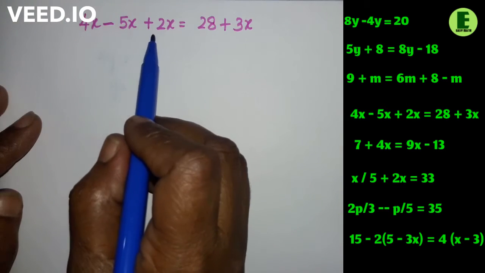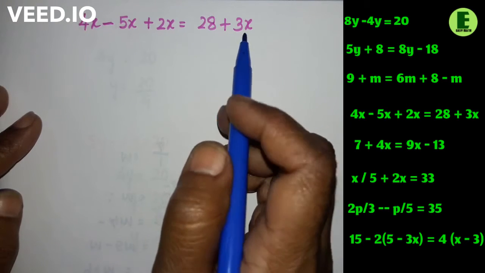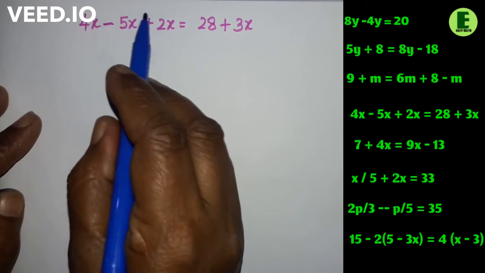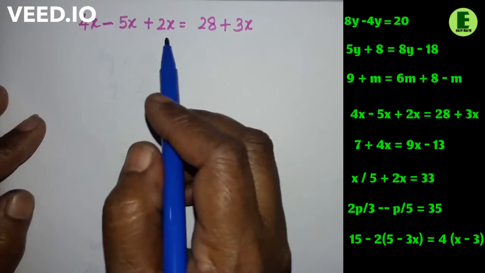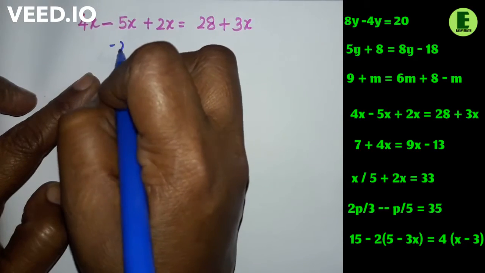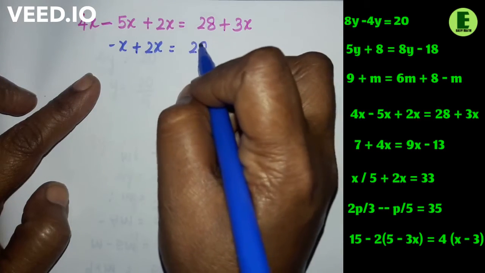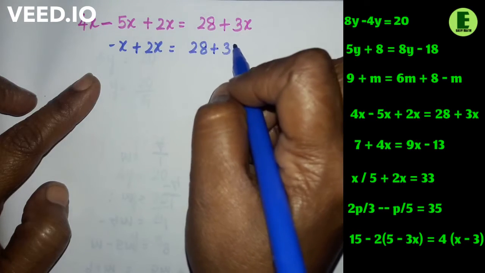4x minus 5x plus 2x is equal to 28 plus 3x. So first let us solve the left hand side before transposing. So 4x minus 5x will become minus x plus 2x is equal to 28 plus 3x.